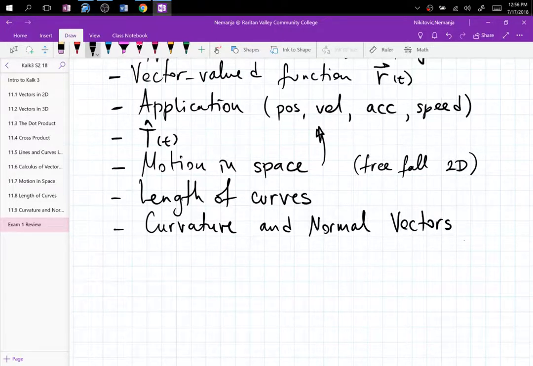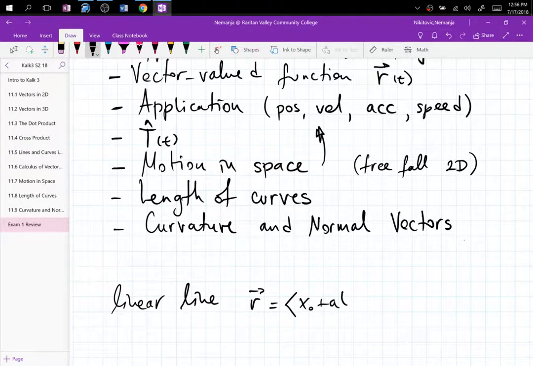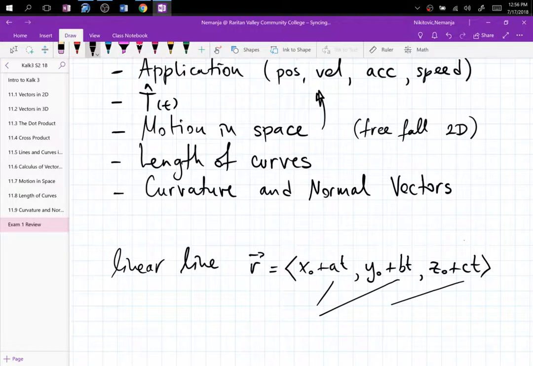Because once you realize that for the linear line, the straight line, your vector r is given as x0 plus at, y0 plus bt, z0 plus ct, when you have this definition for it, this A, B, and C is actually a 3D slope direction. That is your vector V.